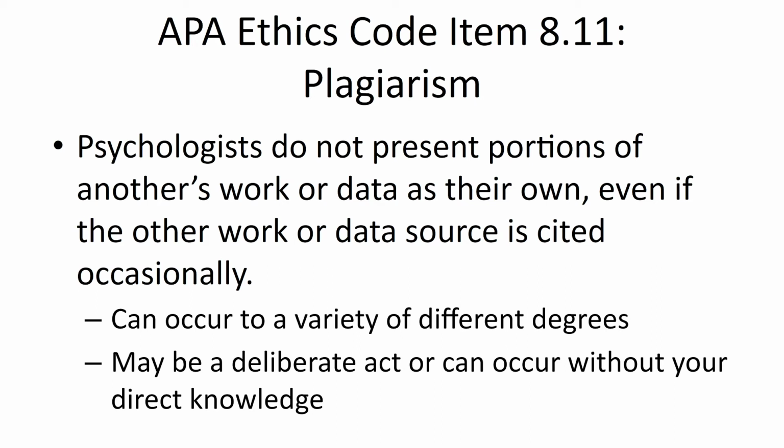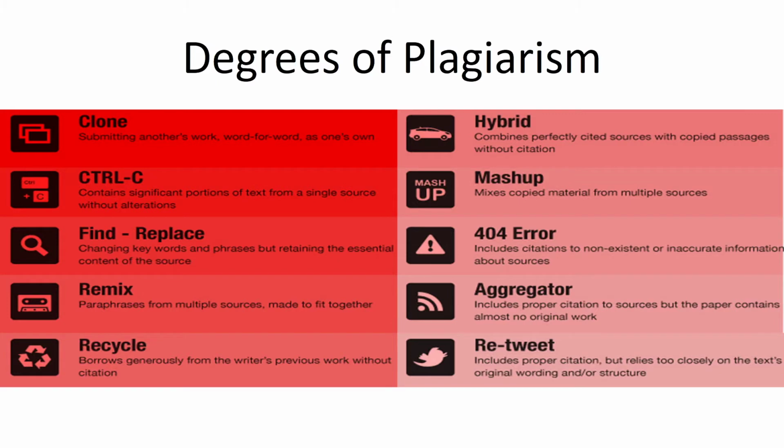So I'd like to show you something from Turnitin.com. Turnitin.com is a resource that a lot of instructors use, such as myself, to scan papers for unoriginal content. And what you see here is a list of the different kinds of plagiarism that we see. And it goes from more severe to less severe. So the more red color it is, the more severe it is. At the top left, you see clone.